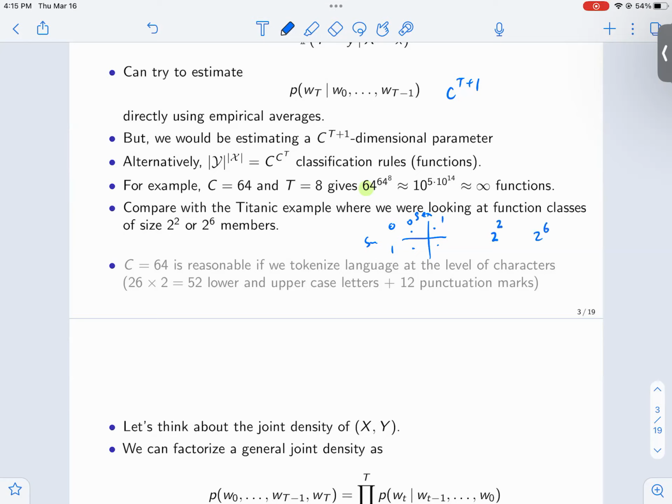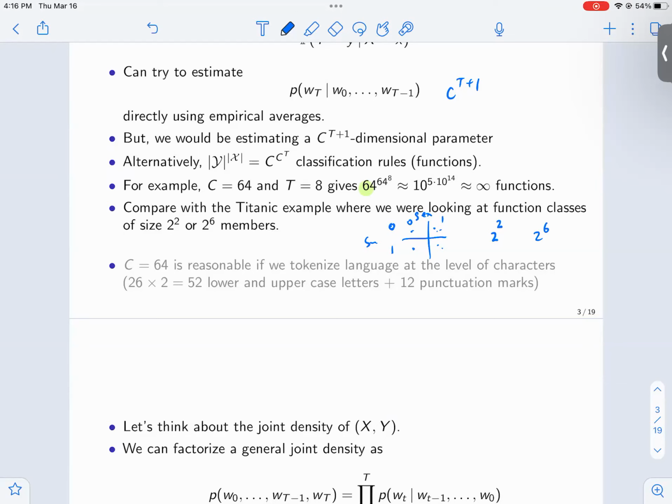The other one would be 2 to the 6. In decision theory, you're choosing between that many. In this case, under 0, I choose either 0 or 1, and likewise under 1. So there are 4 choices. There is 2 to the 6. Here it's like 10 to the 14 cases.